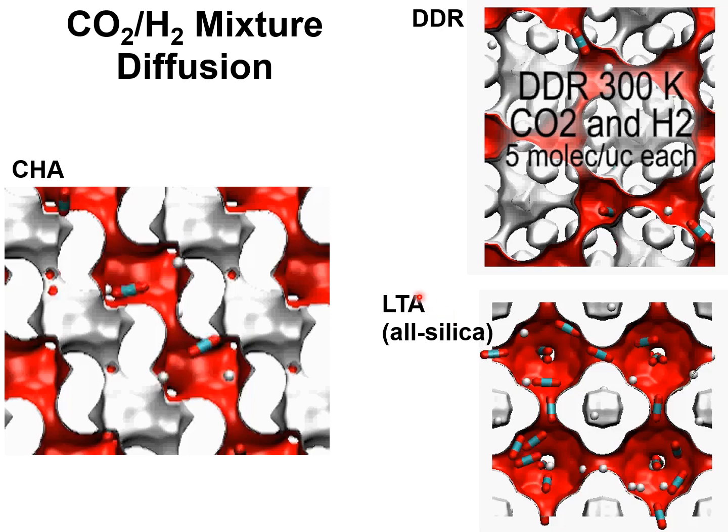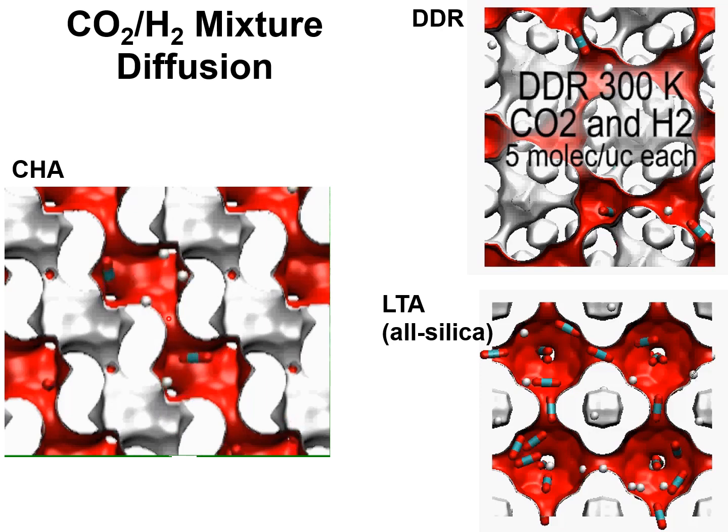This slide shows animations for CO2 hydrogen mixture diffusion in chabazite, DDR, and LTA zeolites. As expected, hydrogen undergoes intercage hopping much more easily than carbon dioxide.